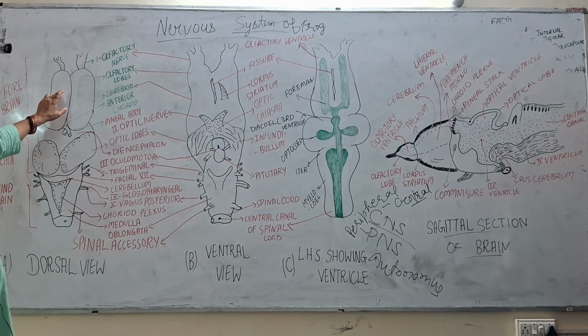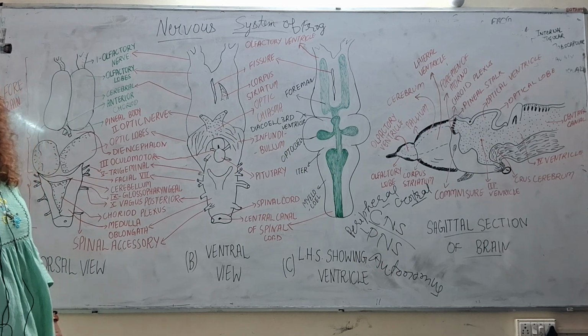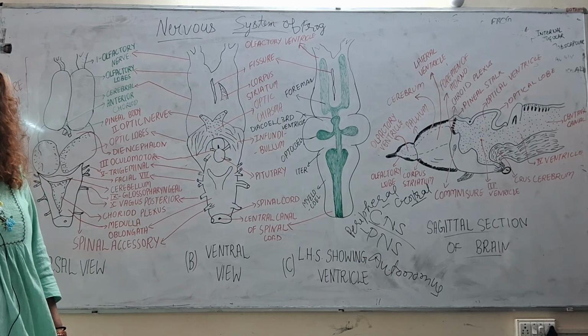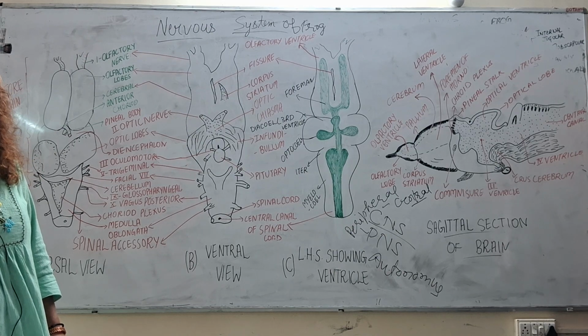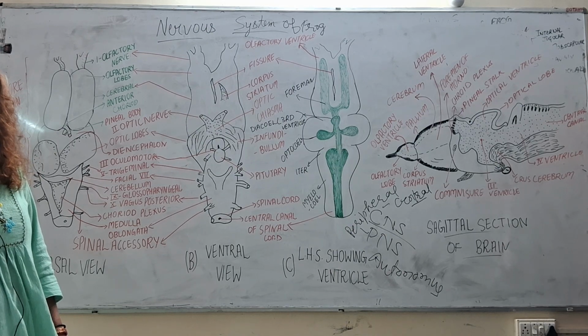Now first, the very important part which controls and coordinates the total body functioning. Control and coordination is by two parts. One is the endocrine system, another is the nervous system.